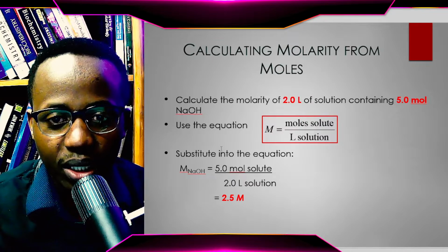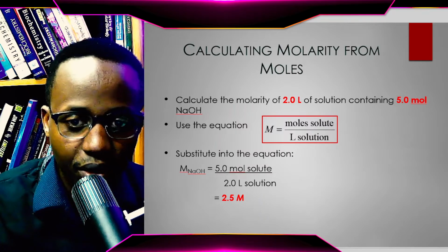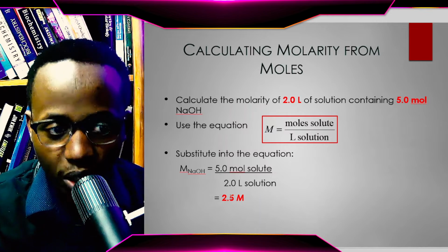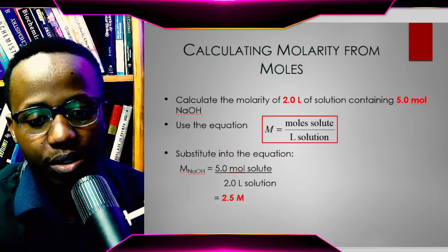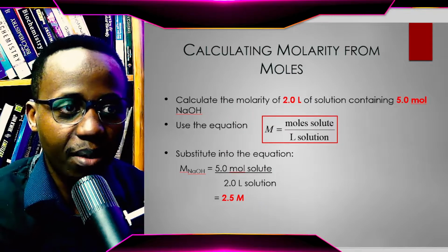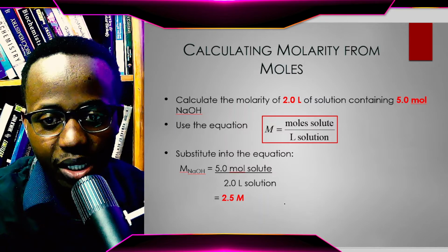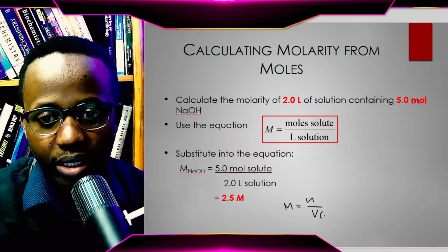So all you have to do is substitute: 5 moles over 2 liters, 2.5 molar. Remember my simplified version of the formula, which is M is equal to N over V in liters, right?